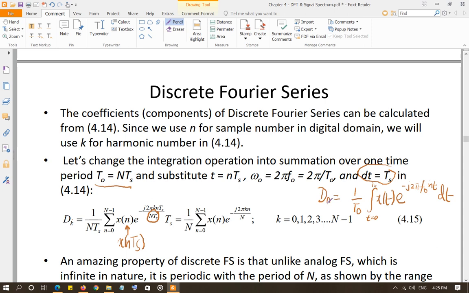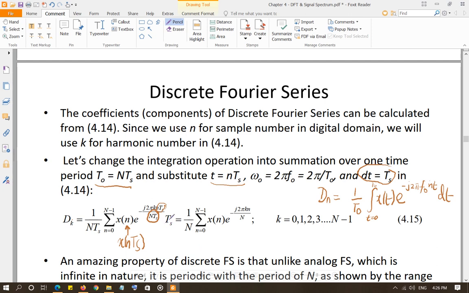So instead of Dn, it is Dk, and the n over here becomes k. It's just a change of variable so as not to confuse the sample number and the harmonic number in the discrete domain. So k is the harmonic number and n is the sample number. Then t is n Ts, so we replace t by n Ts, which is right here.